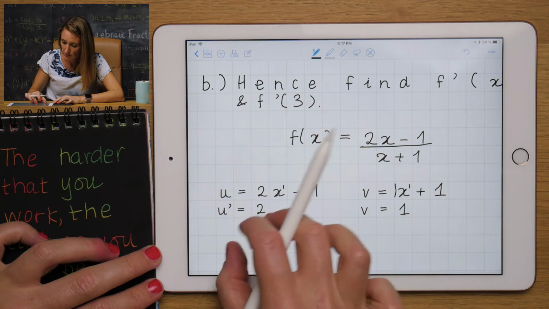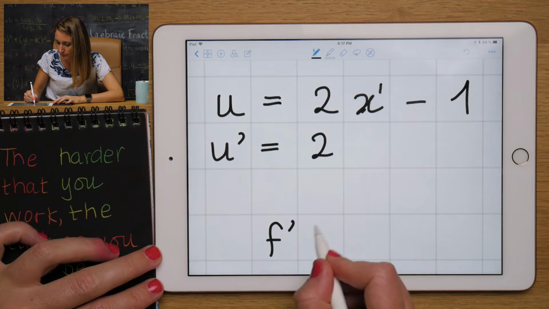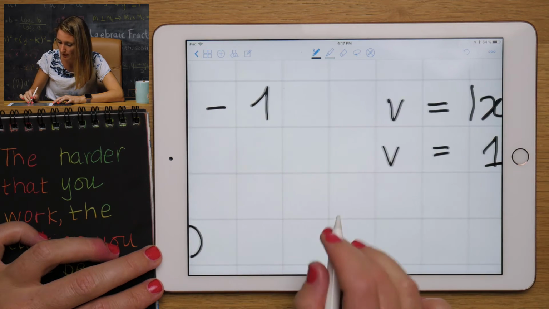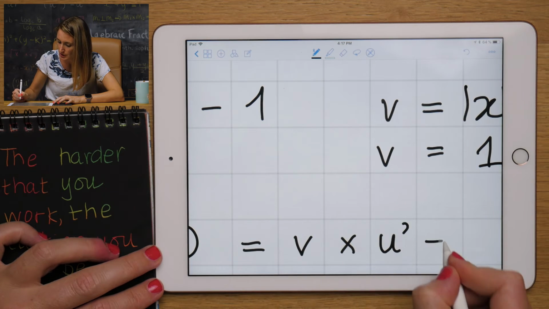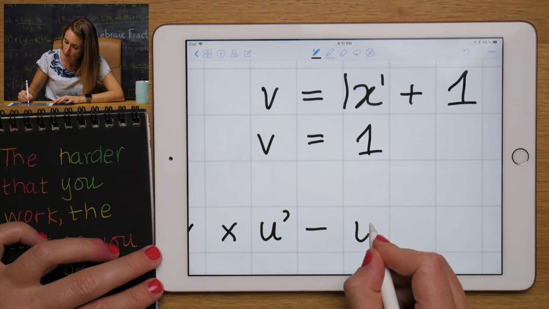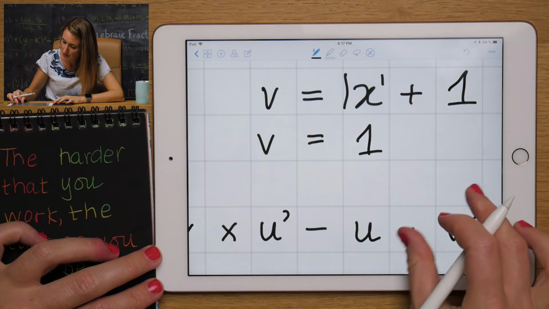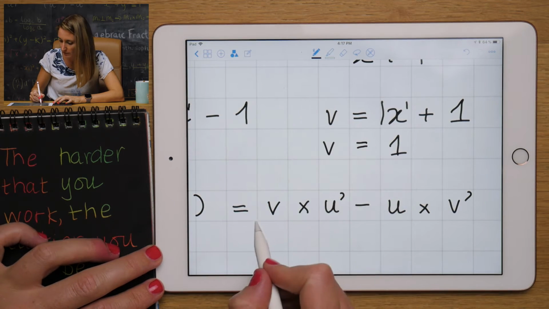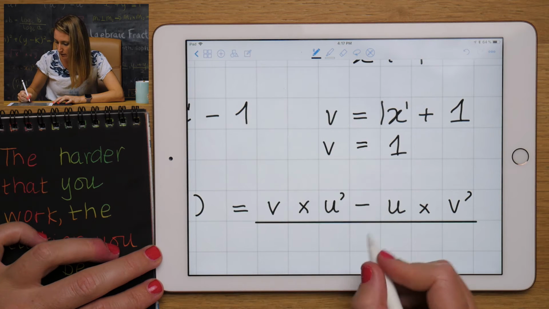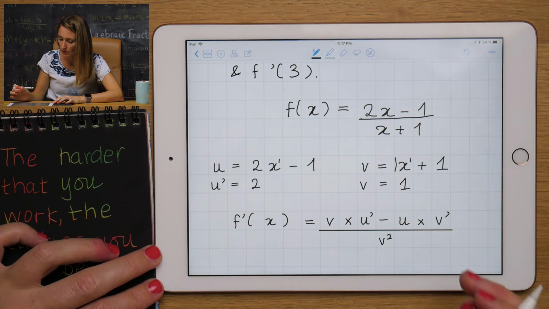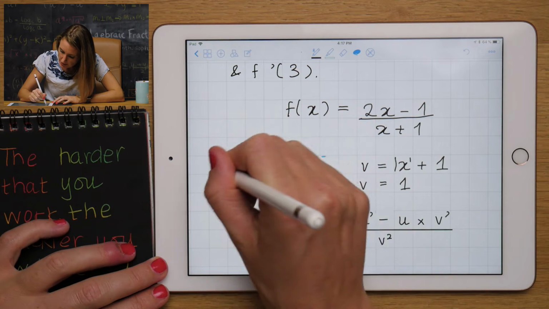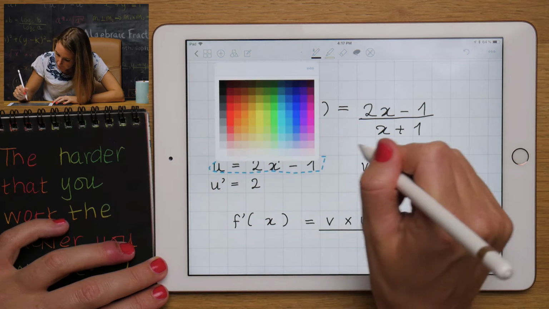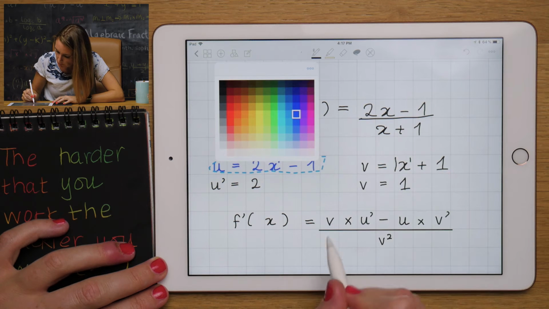You're going to put them all into this formula. The formula is v multiplied by u dash, subtract u multiplied by v dash, all divided by v squared. Now this formula can look pretty scary, pretty intimidating, but you just need to match up with what you've already done.